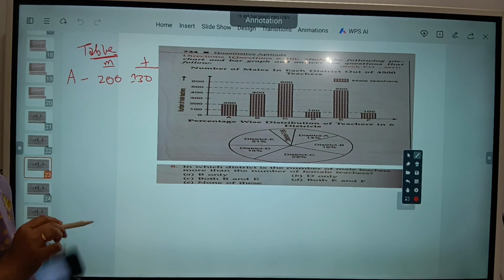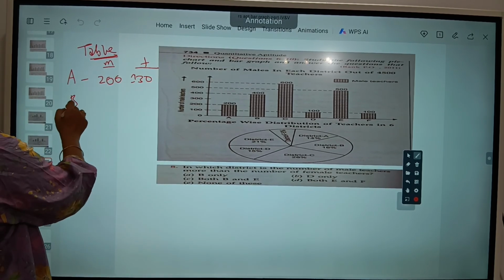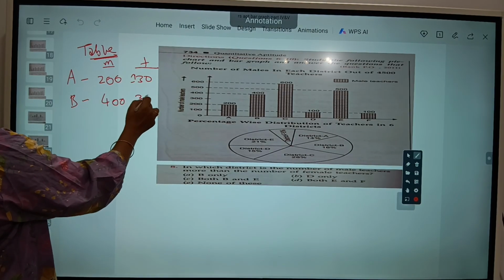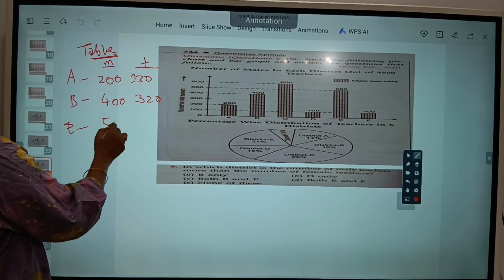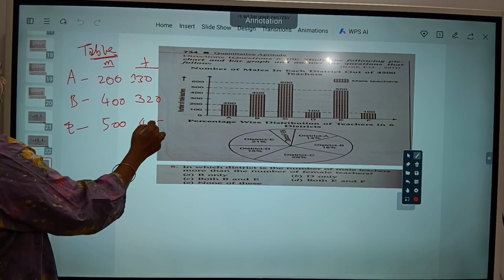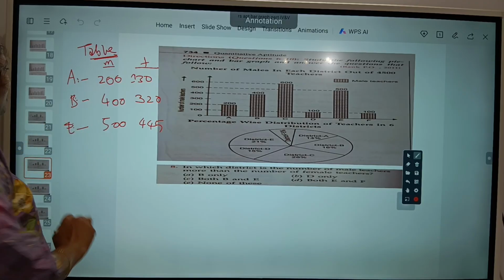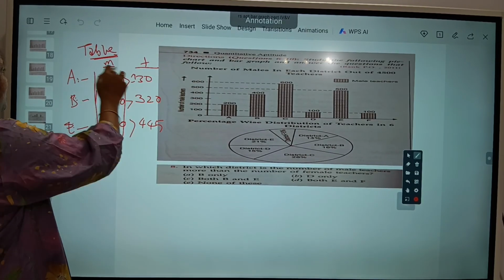So in this district, male teachers are more than female teachers. Again in B, male teachers are 400, female teachers are 320. And again in E, male teachers are 500, female teachers are 445. So in three districts A, B, E, male teachers are greater than female teachers.